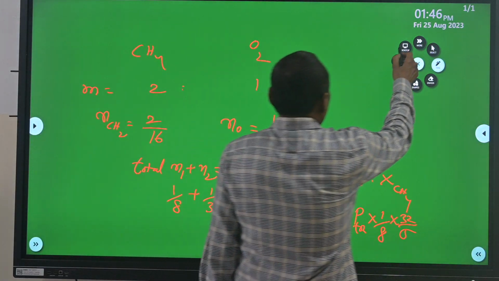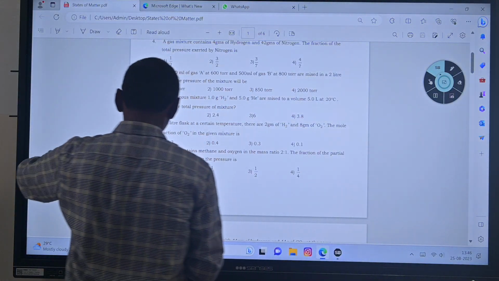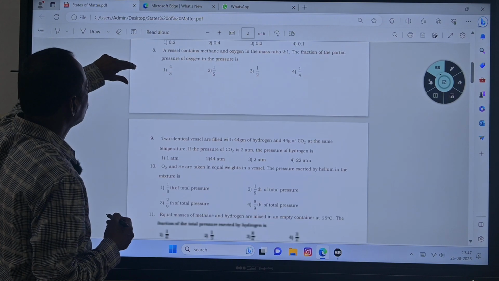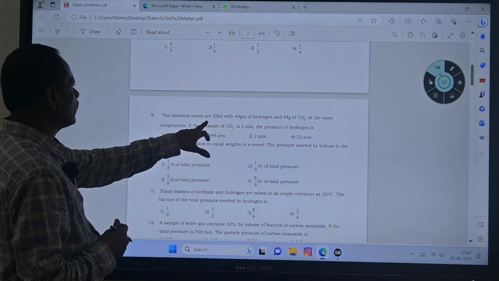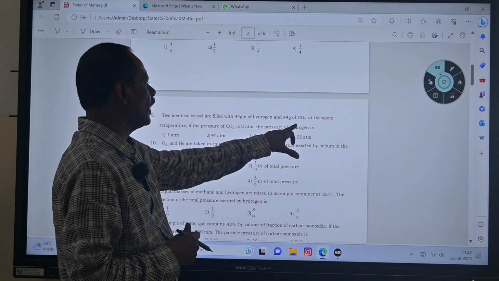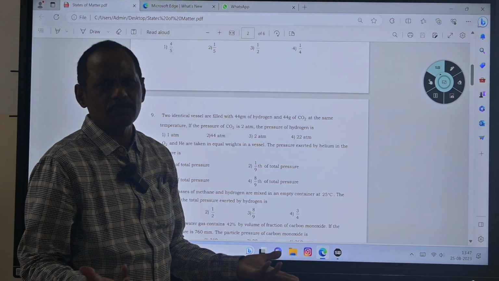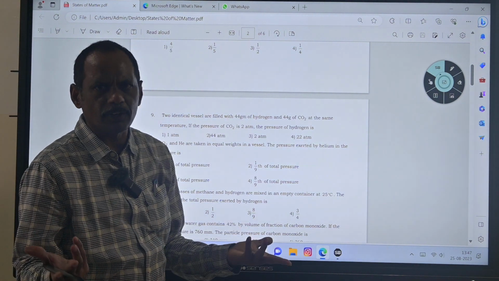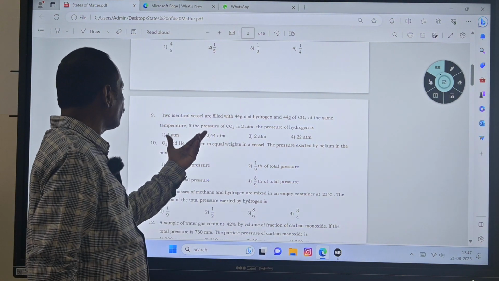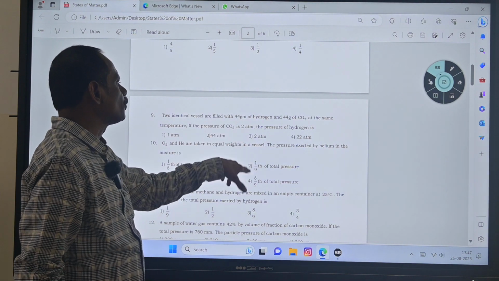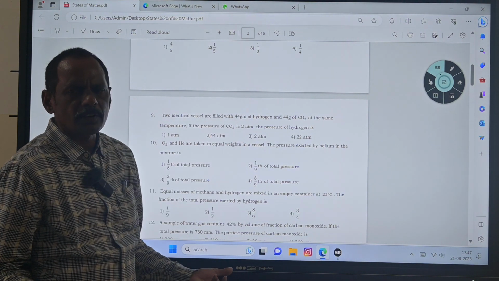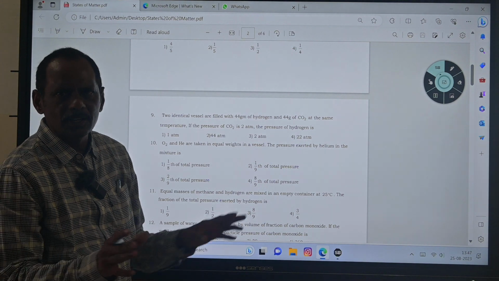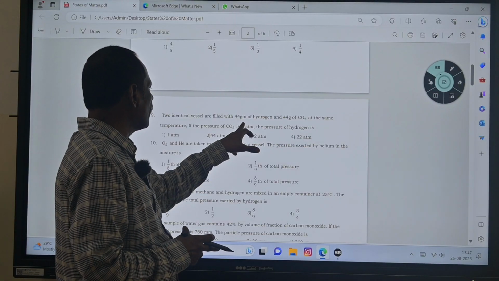Yes, coming to the next one. Two identical vessels are filled with 44 grams of hydrogen and 44 grams of oxygen, equal masses. It's nothing but the first question. If the partial pressure of the CO2 is 2 atmosphere, find the partial pressure of hydrogen. Equal weights are taken.